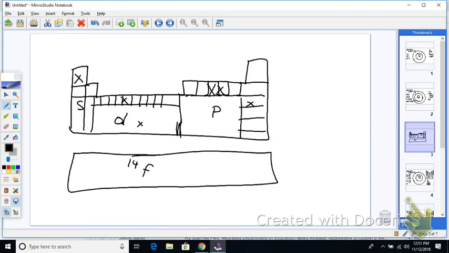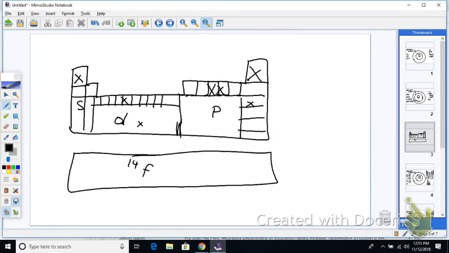1s1, hydrogen. 1s2. The s is filled in the first level. Count across. First level's got 2. Second level has how many? 8, right? 1, 2, 3, 4, 5, 6, 7, 8. Okay? So here's nitrogen.